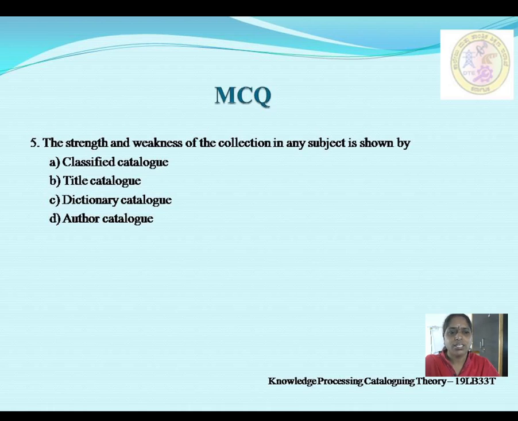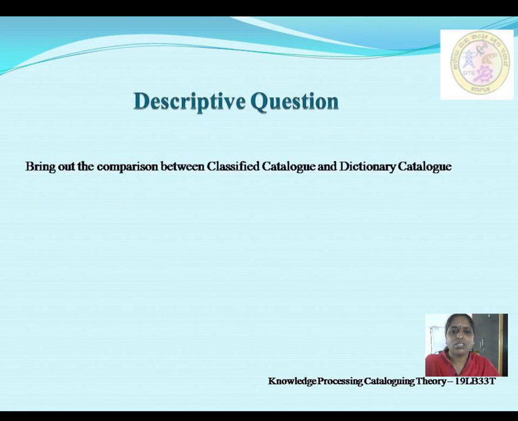ಓಕೆ ಗರ್ಲ್ಸ್, ರೈಟ್? Is there any doubt? So we'll be ending with this session. There can be one more question which might be asked like this: bring out the comparison between classified catalog and dictionary catalog. So you have studied about 13 points in the comparison which you can write.